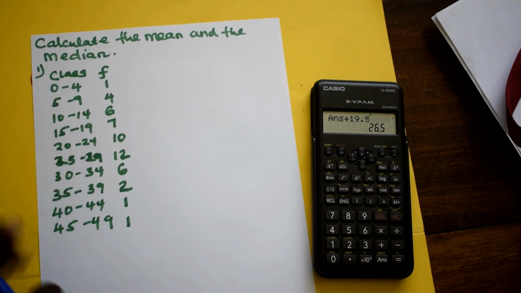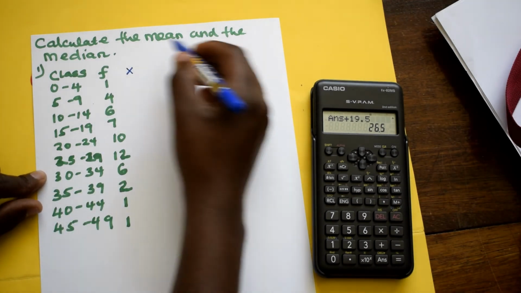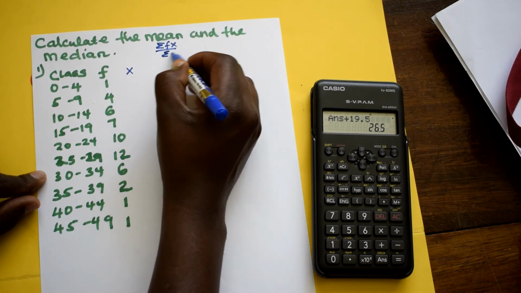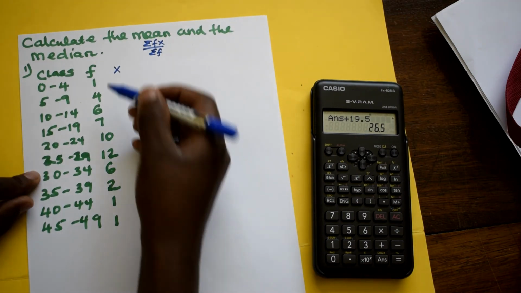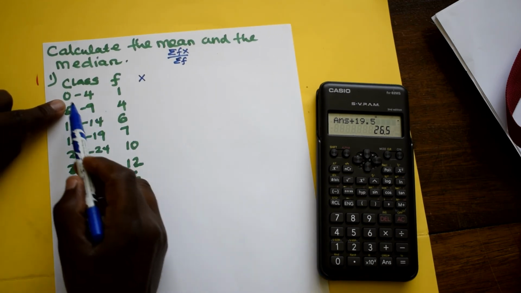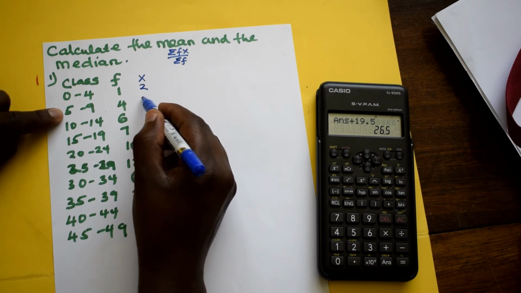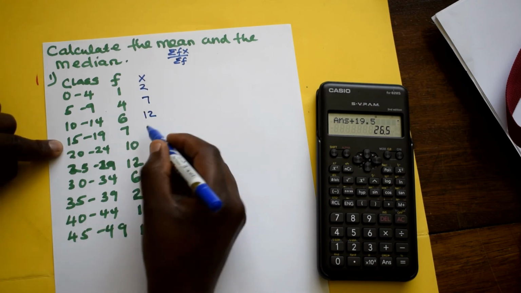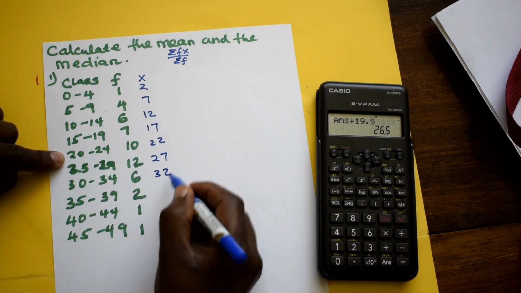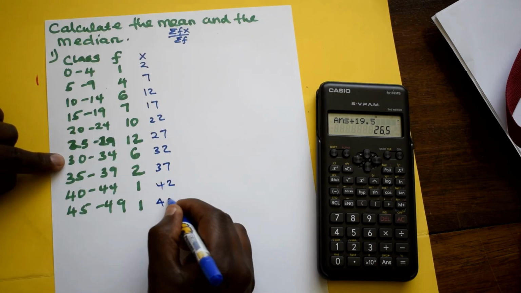So again, for the mean we need x, because our formula will be sum of fx over total f. We can get x, which is the mid mark, so 0 plus 4 divided by 2 will give us 2. This will give us 2, 7, 12, 17, 22, 27, 32, 37, 42, 47.